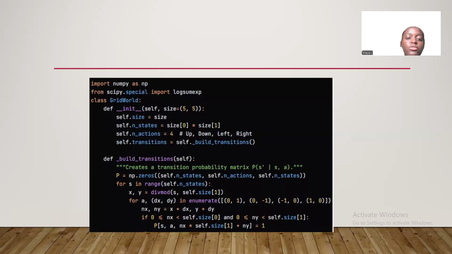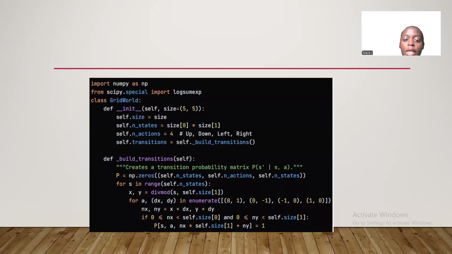Transitions are the movements you make while performing these actions, like moving from up to down or from left to right. That's a simple explanation of the transition.